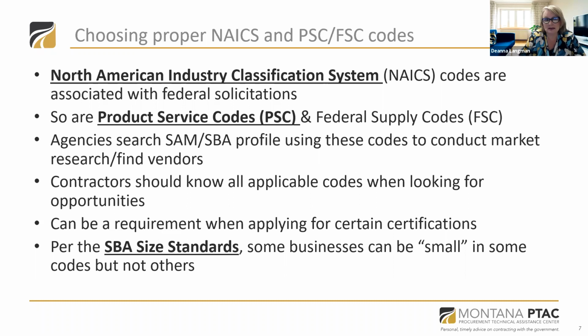It's very important to include all the NAICS codes that are applicable to what your company does. Most companies certainly have several NAICS codes that are applicable to what they do. So it's real important to do some research on NAICS codes and make sure you're finding all the proper codes, because there can be several.